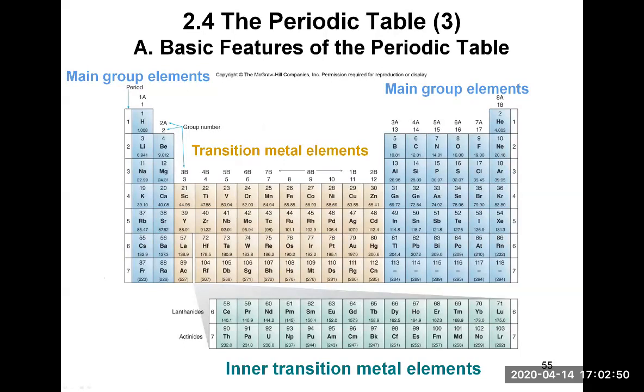The transition metals are the groups that are shorter and with B. So these are the B group elements. There are 10 columns like that. And the lanthanides and actinides are the inner transition metal elements at the bottom.